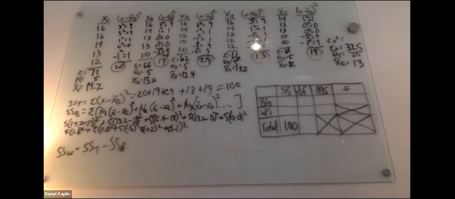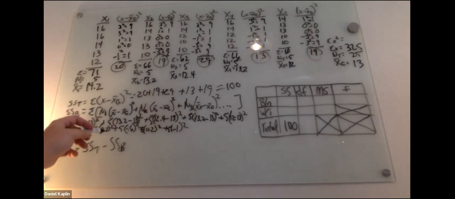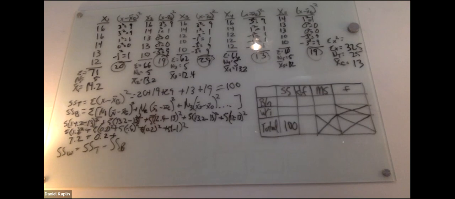Okay, so if we do that, what is 1.2 squared, right? And we multiply that by 5, this is going to be 7.2, plus 0.2 squared, and then we multiply by 5, you're going to get 0.2, plus the third one is 0.6 squared times 5.